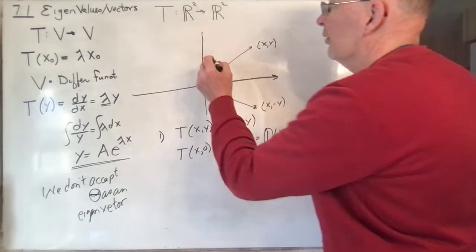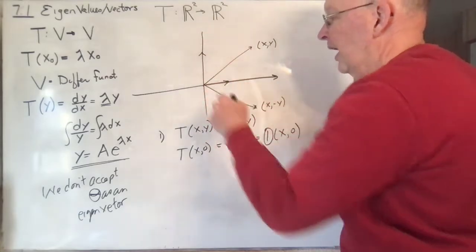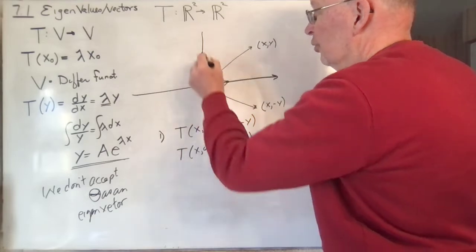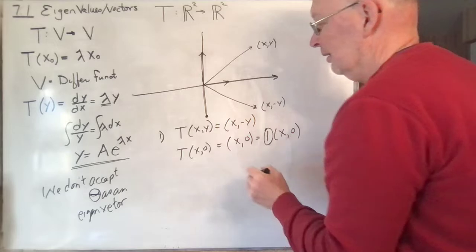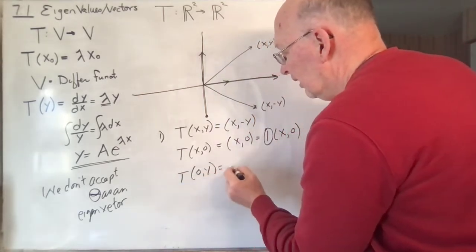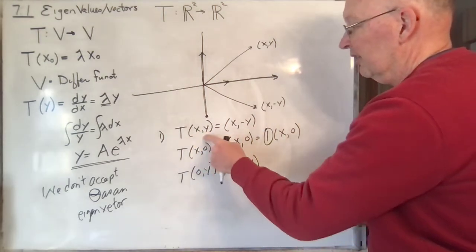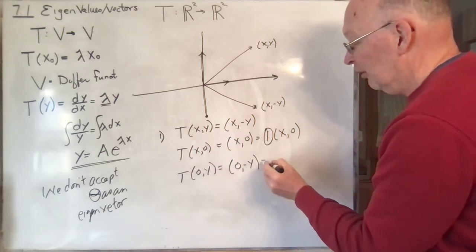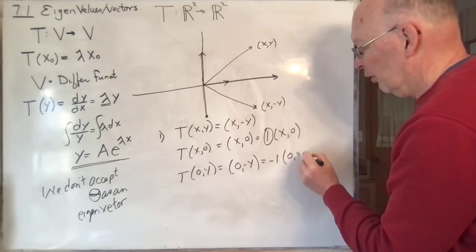Here's some other eigenvectors. Everything along the y-axis just gets sent to its opposite. See that? This one here is going to get sent down there. So T of 0y gets sent to 0 minus y, right? That's what this says to do. It says that x stays the same and y goes to negative y, so this goes to this, and notice that that is just negative 1 times 0y.